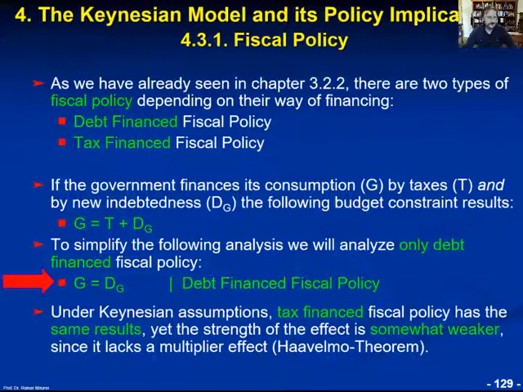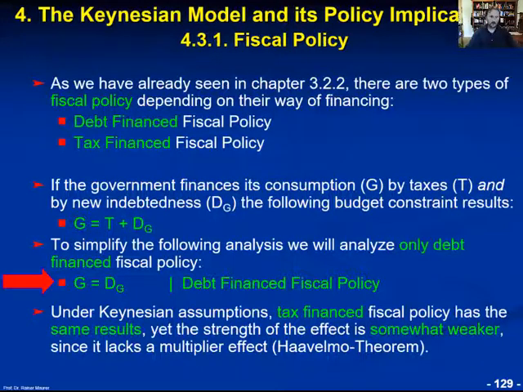So tax-financed fiscal policy causes an increase of total GDP equal to the initial increase of government expenditure. There is no additional multiplier effect from consumption.